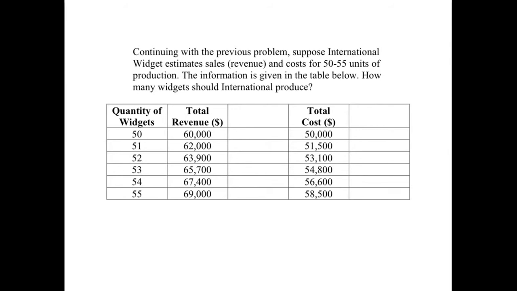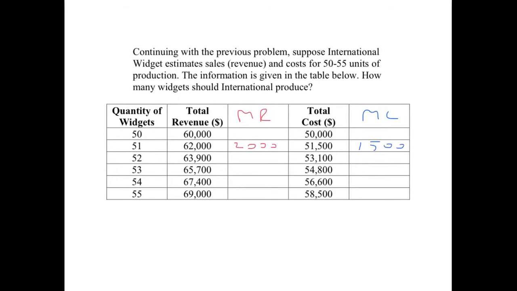Well, we have already seen that the marginal revenue for the 51st widget was $2,000. The 51st widget adds an additional $2,000 to revenue, from $60,000 to $62,000. And the marginal cost of the 51st widget, the additional cost of producing the 51st widget, is $1,500.